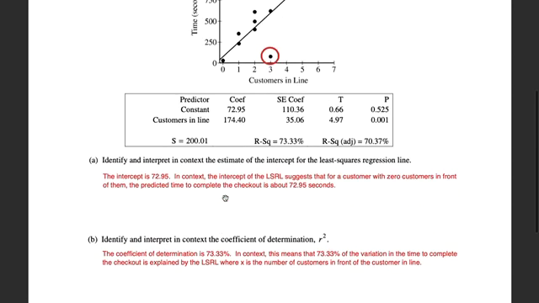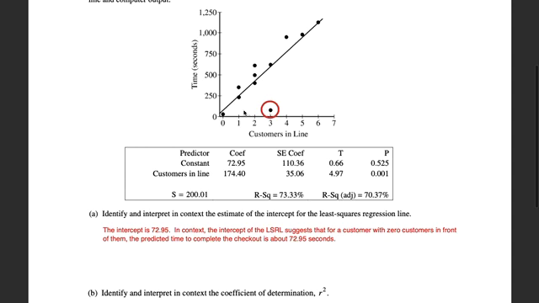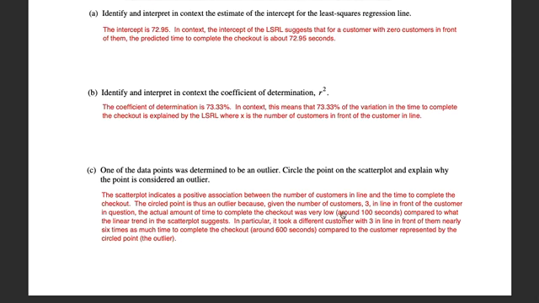It's only about 100 seconds. So the actual time to complete the checkout would be about here. It's a little bit above the intercept, maybe about 100 seconds. That's quite low compared to what the linear trend in the scatter plot suggests, compared to the positive relationship that we see in that scatter plot.